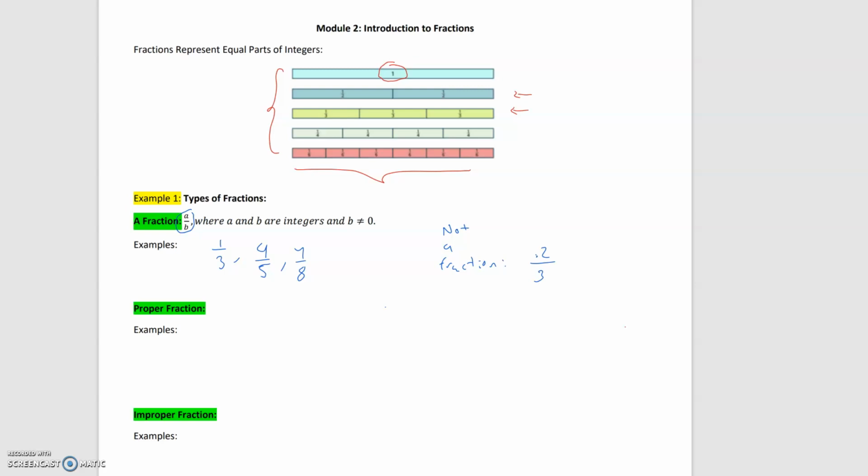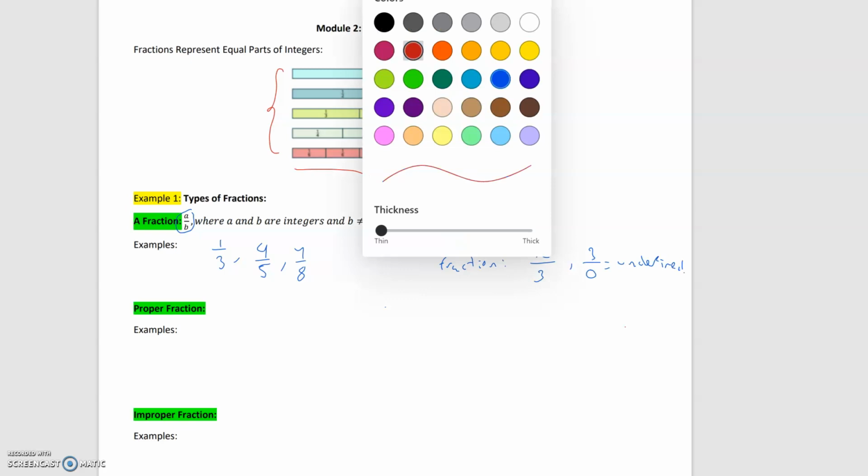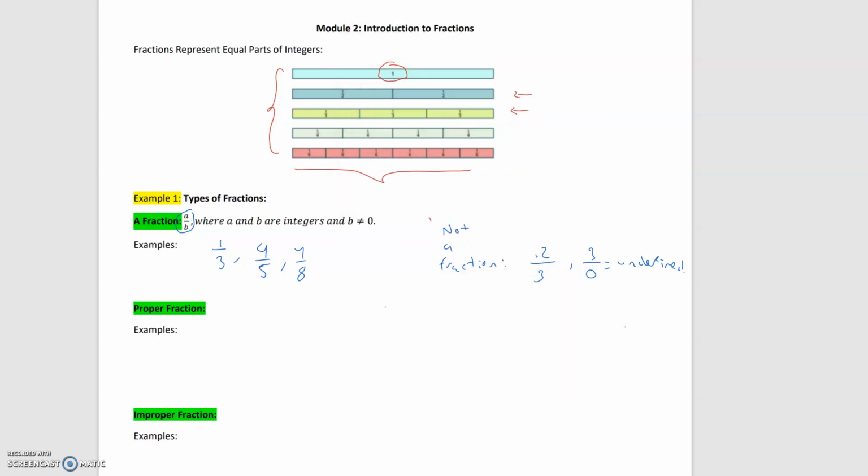It's not in the proper form. Or if you were to have the values of 3 divided by 0, this is technically undefined. So technically, when we're talking about fractions, these are mathematical structures that on the top and the bottom, they actually have an integer.